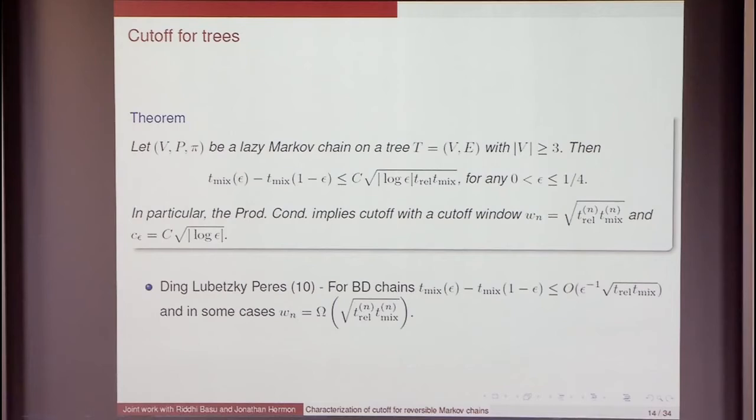So it's sharp. And this log epsilon means sub-Gaussian decay if you scale things in the window of the cutoff. So the log epsilon dependence is also sharp, but I won't go into it.